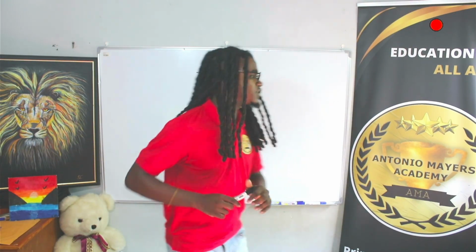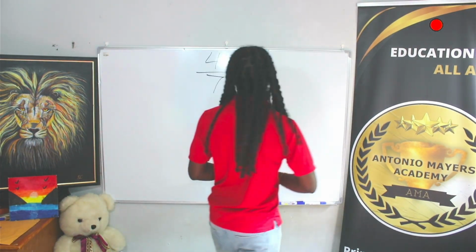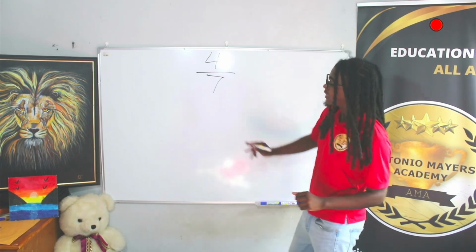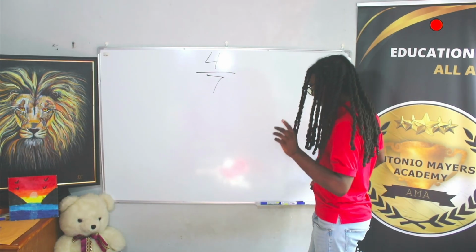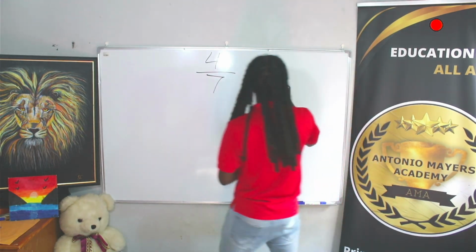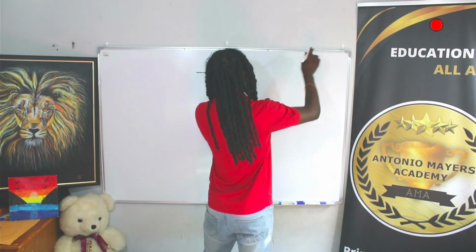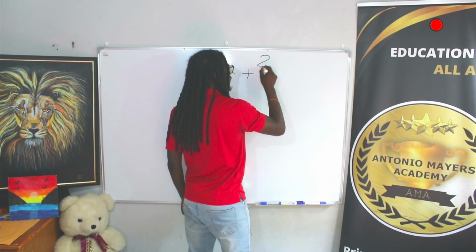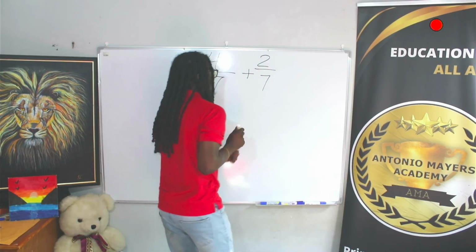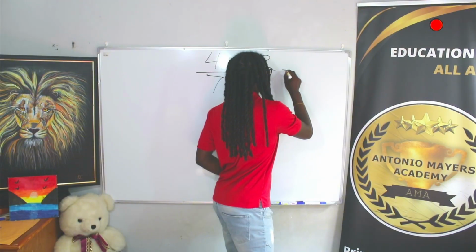So now let's look at this, right? Let's say that the fraction that we have, we're going to go with the same thing here, 4 over 7, and we have to add that 4 over 7 plus 2 over 7. All right, so how do we do this?